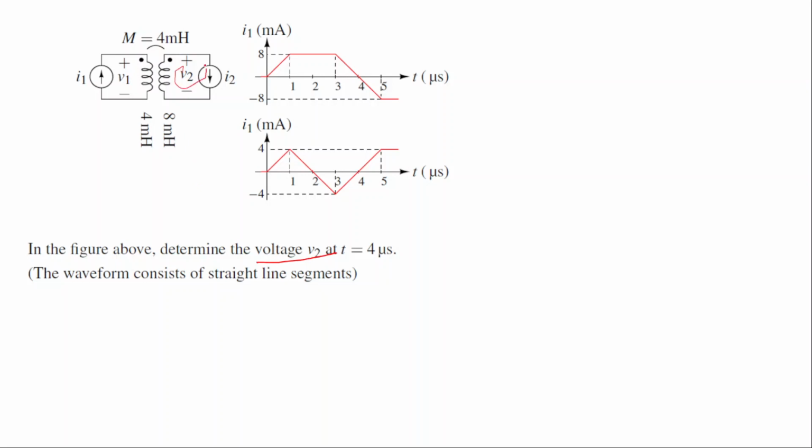V2 is the voltage across the secondary coil of this transformer-like circuit at time t equals 4 microseconds. These two coils are placed nearby.